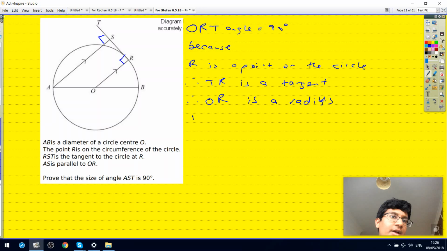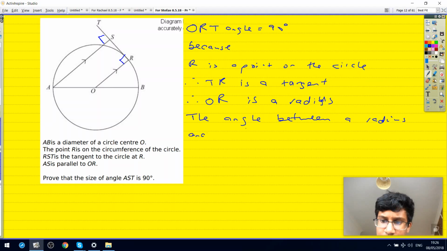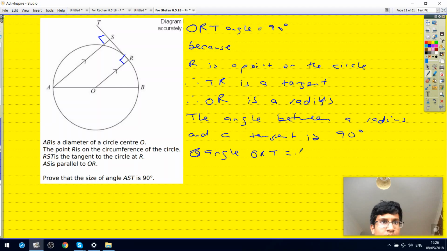So the angle between a radius and a tangent is 90 degrees. And then angle ORT equals angle AST, because like you said, corresponding angles are equal.